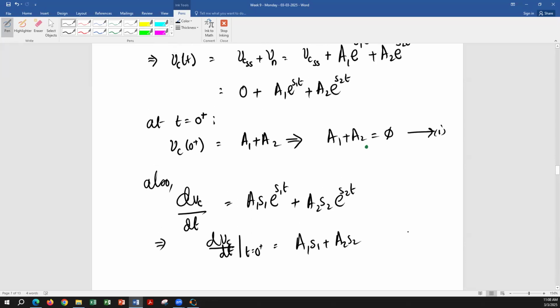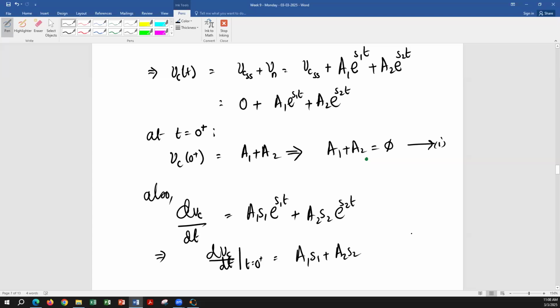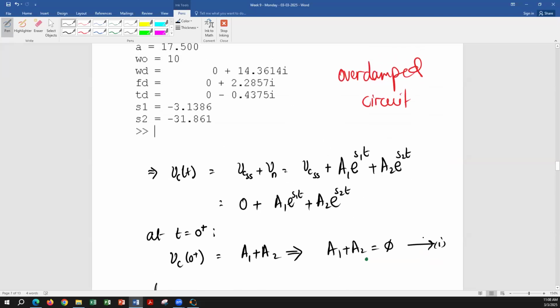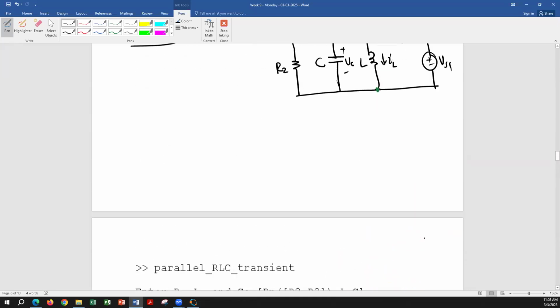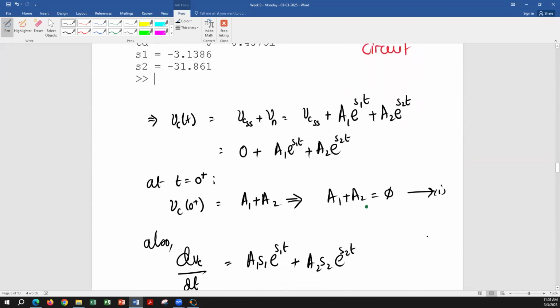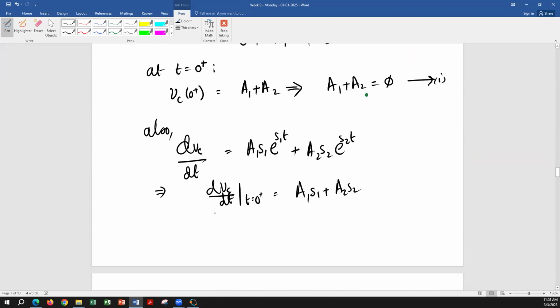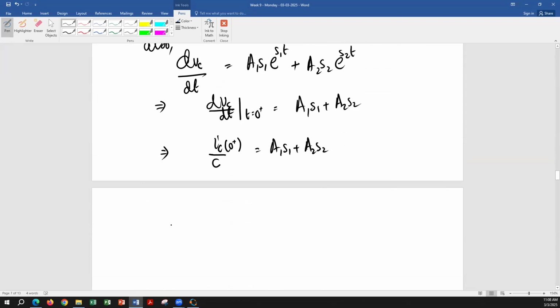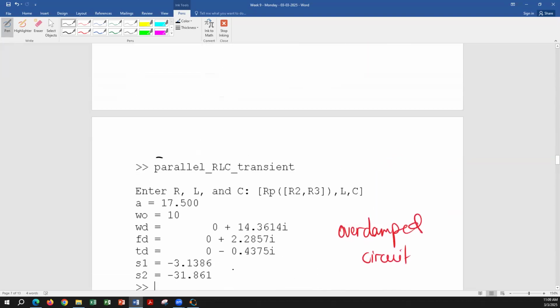Okay, so the derivative of the capacitor voltage with respect to time. If you go back to the circuit, first, how are we going to replace this equation? With what? IC over C. All right, now go back to the circuit, because you have to write this down.